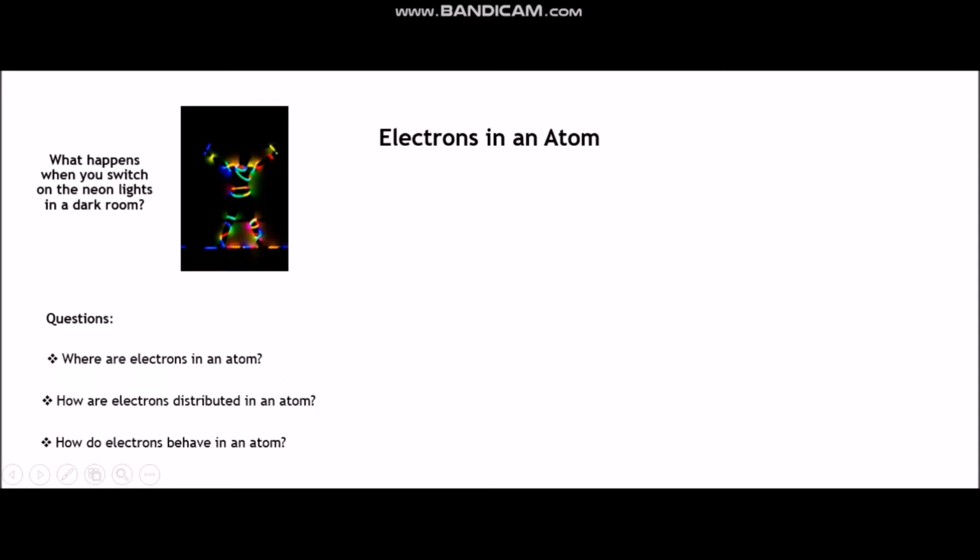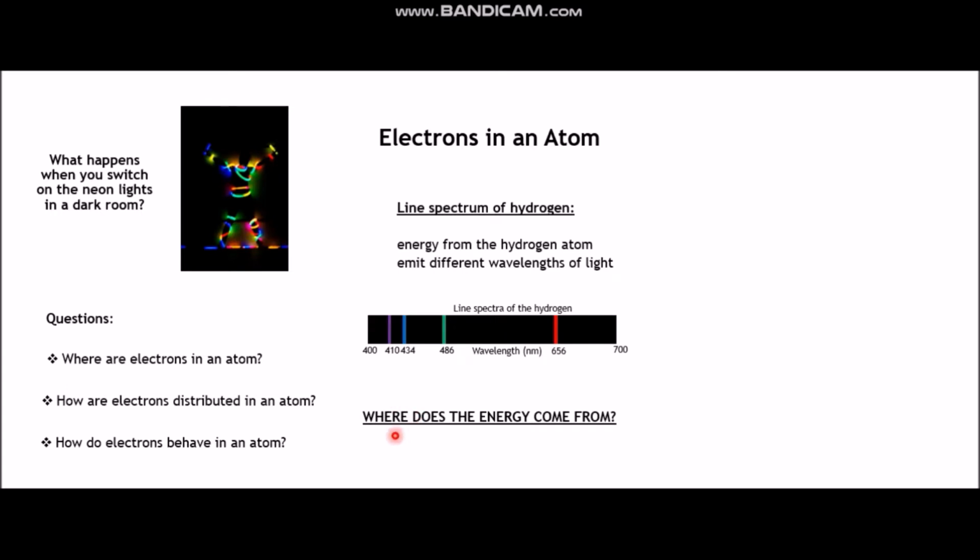Well, back in the days, scientists discovered that light can emit different energies in the form of wavelengths, leading to a spectrum of different colors. So in the mid-1800s, they found that energy from the hydrogen atom can generate a line of different wavelengths, giving rise to colors like purple, blue, blue-green, and red.